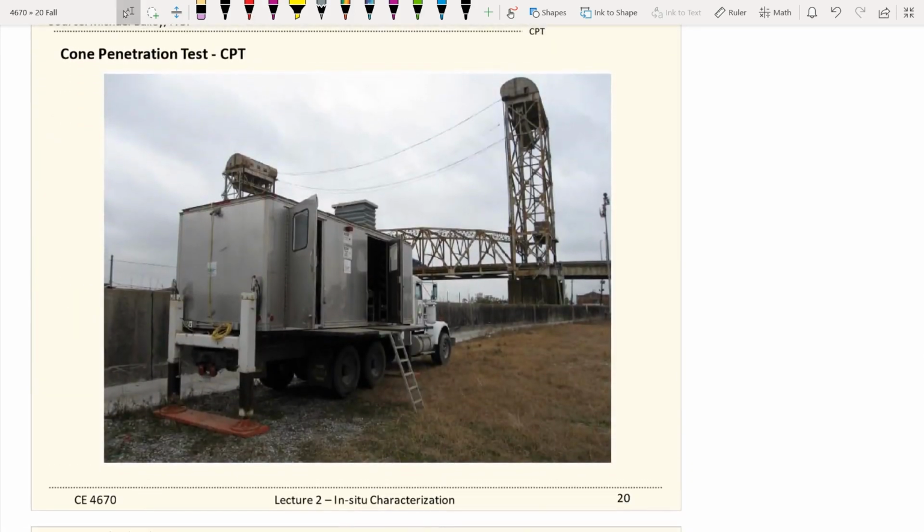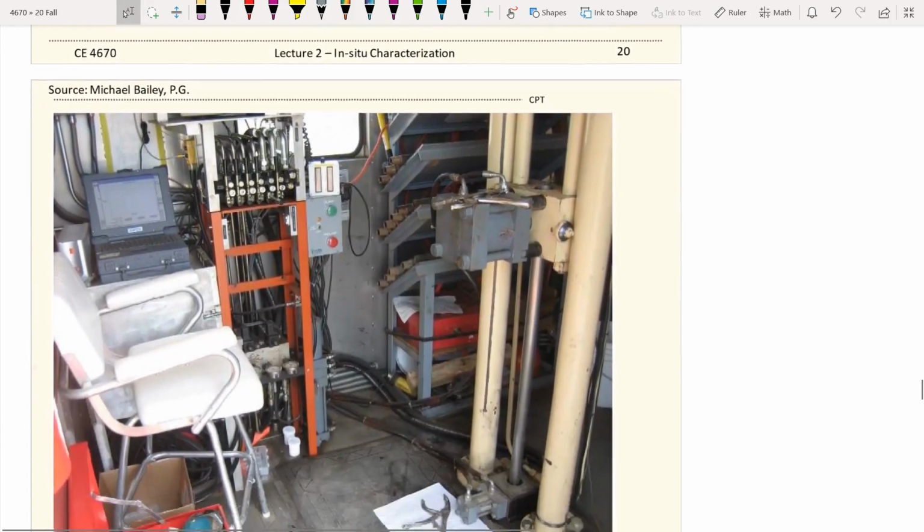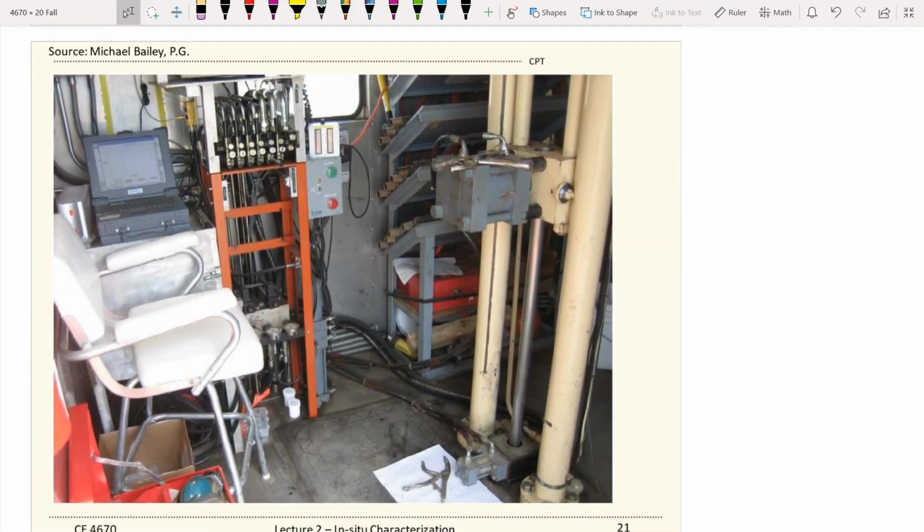So this is a real picture of a CPT truck, and this is how it looks inside the truck. You see the hydraulic pump right here, and this is the CPT cone. It's pushing down this way. Everything is powered by hydraulic power.